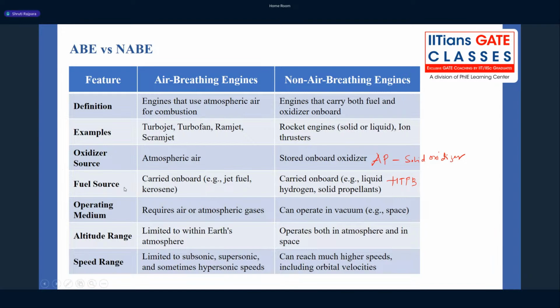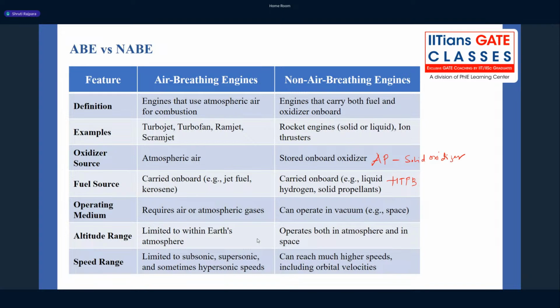If we talk about the speed range, air breathing engines are limited to subsonic, supersonic, and sometimes hypersonic speeds. Whereas non-air breathing engines require much higher speeds because they do interplanetary missions and go towards space, so they have to at least reach orbital velocities. So they go at much higher speeds.